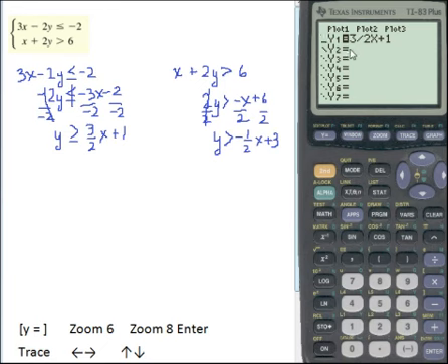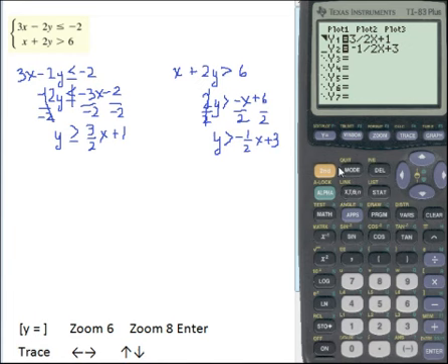Alright, and then I'm going to go to y2 and put negative 1/2 x plus 3, and I'm also going to shade that above the line. So I'll hit enter several times until it shows it's shaded above.